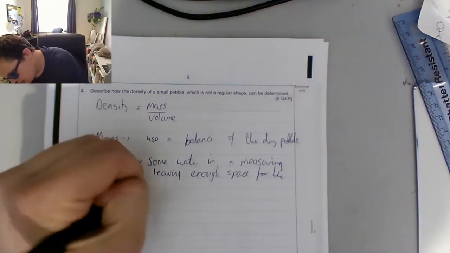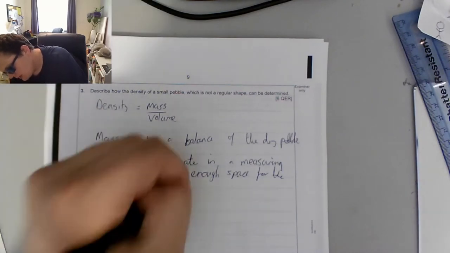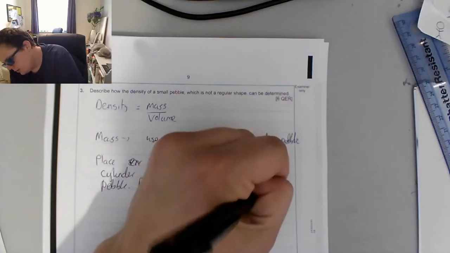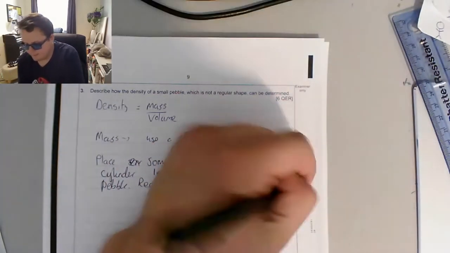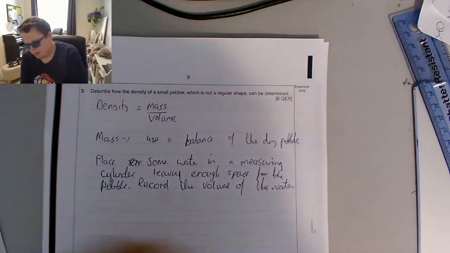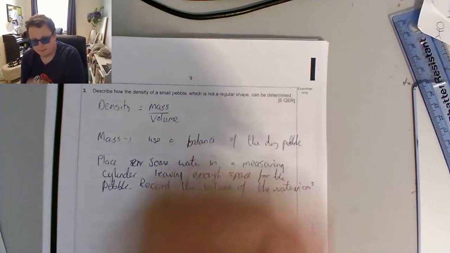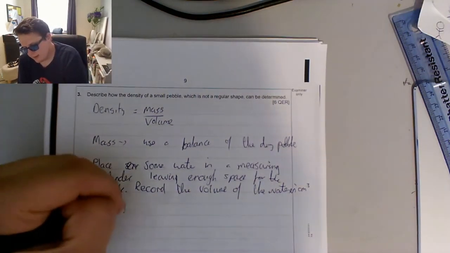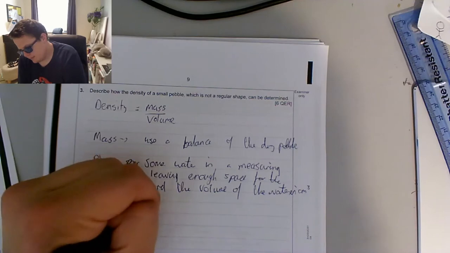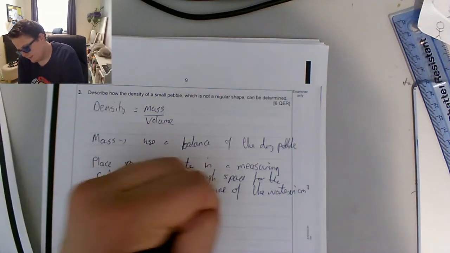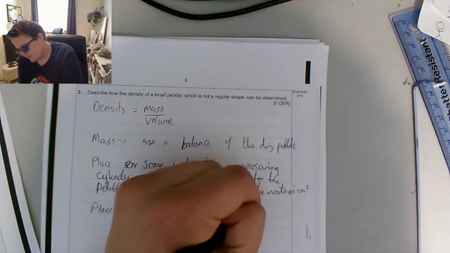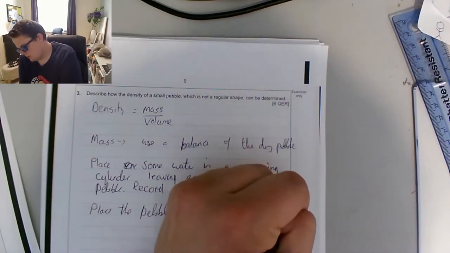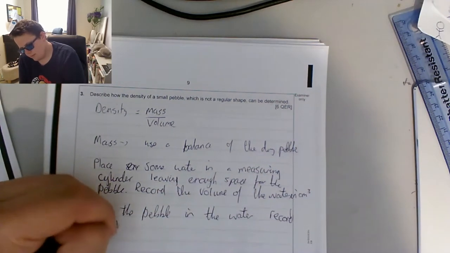We need to record the volume of the water. We record that in centimeters cubed. Okay, what we're going to do then, place the pebble in the water. Record new volume.